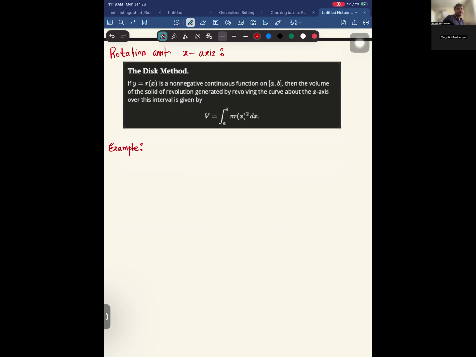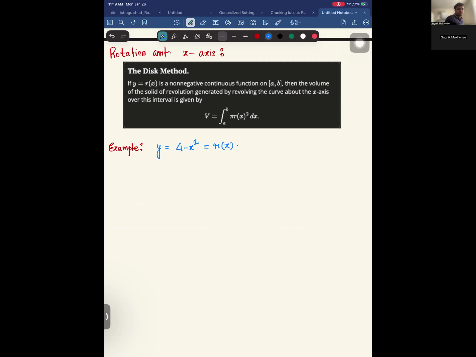I'm doing example 6.2.4. Actually, it's example 6.2.2, my bad. y equals 4 minus x squared. So this is our R(x).